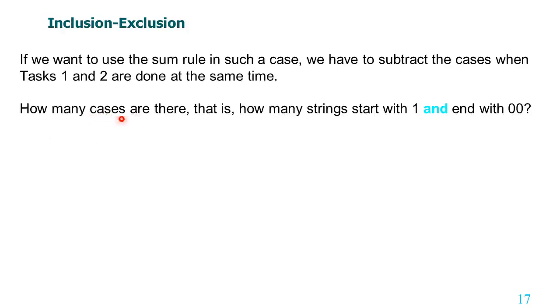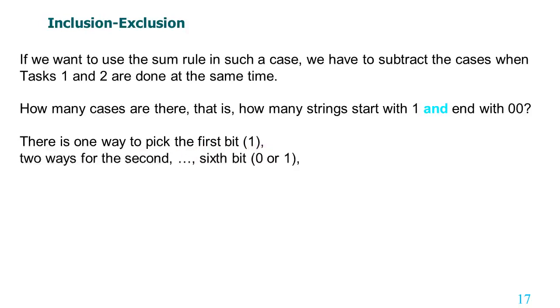Here we have to find how many strings start with 1 and end with 0 0. That is common to task 1 and task 2. There is one way to pick the first bit, 1. The second to sixth bits can each be 0 or 1, and the 7th and 8th bits are 0, 0.